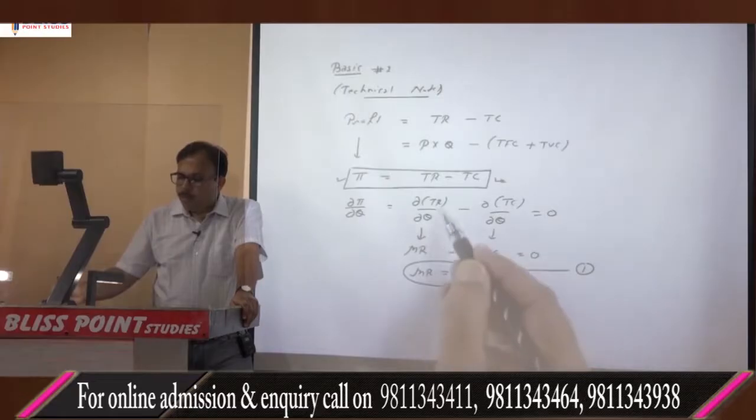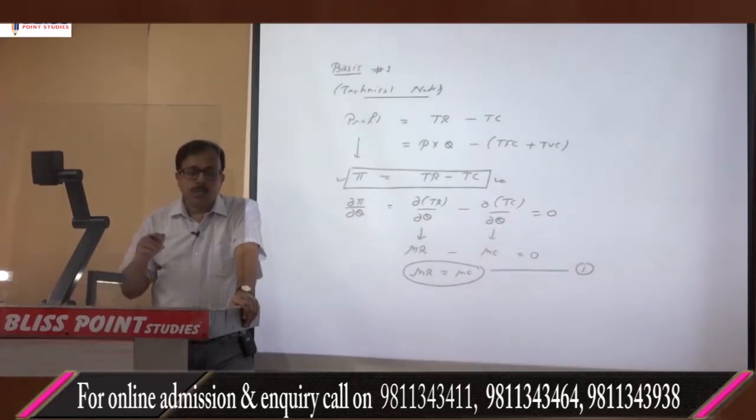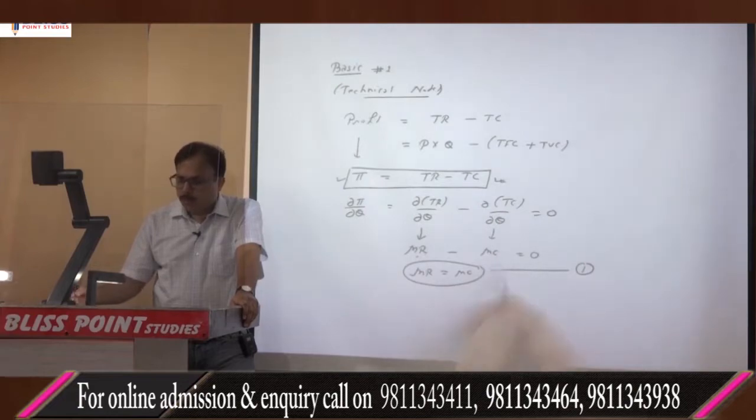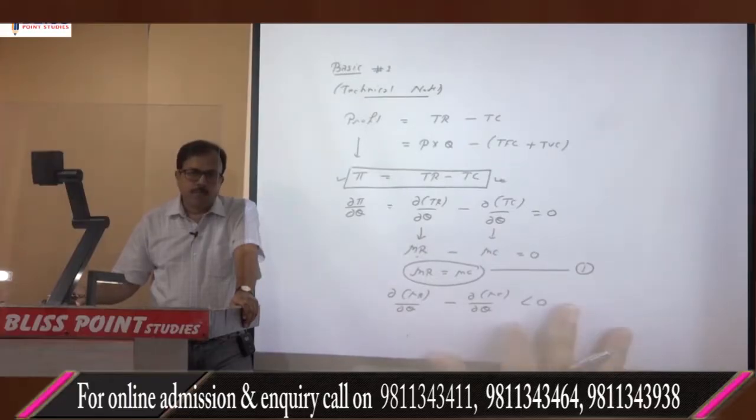So when we differentiated the first time, the slope came. So slope of TR is MR, slope of TC is MC. When you differentiate a second time, you will get the slope of MR and slope of MC. But that second differentiation must be negative.